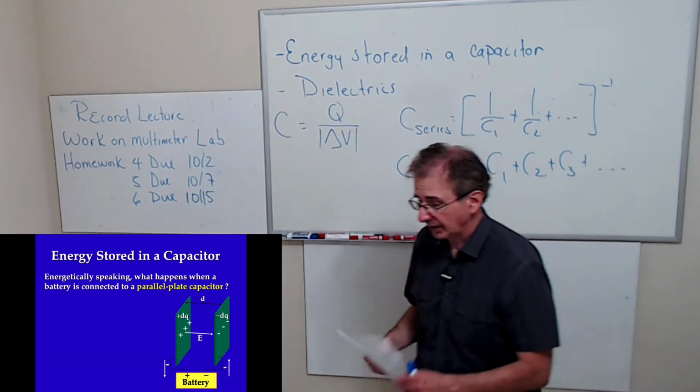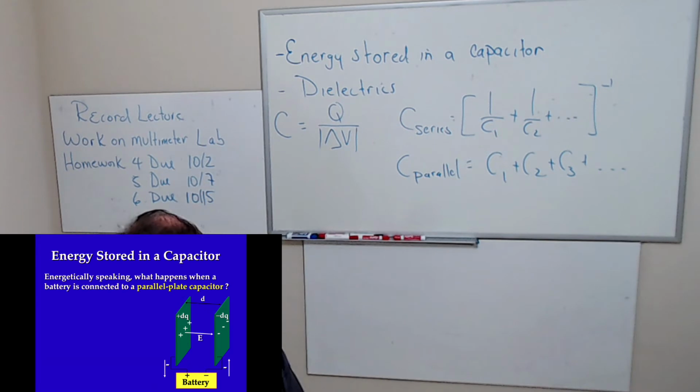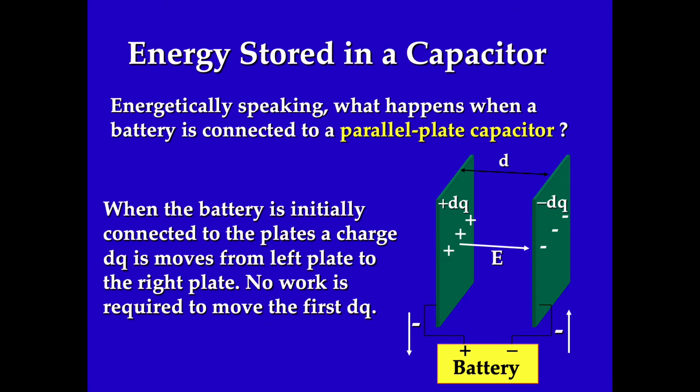Okay, so let me start by talking about what happens, at least from an energetics point of view, when you charge a capacitor. So imagine the first charge, dq, reaching one of the plates of the capacitor.